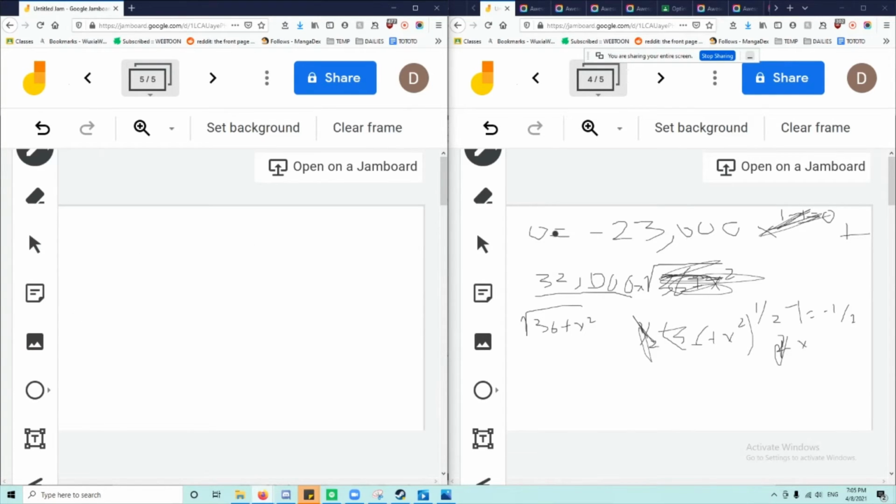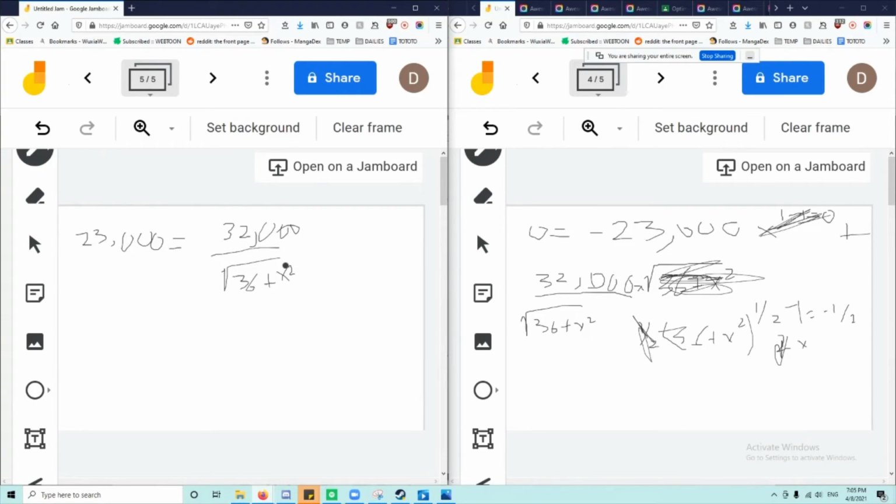So you put 23,000 on the other side by adding 23,000 to both sides. And you get 23,000 equal to 32,000 x divided by radical 36 plus x squared. And this is basic math you can do with a calculator.